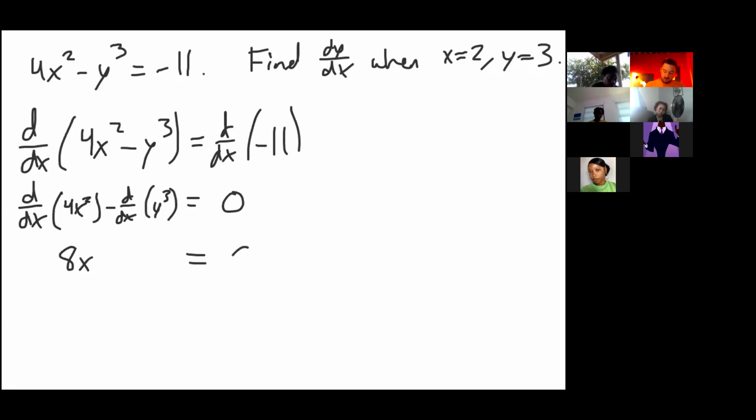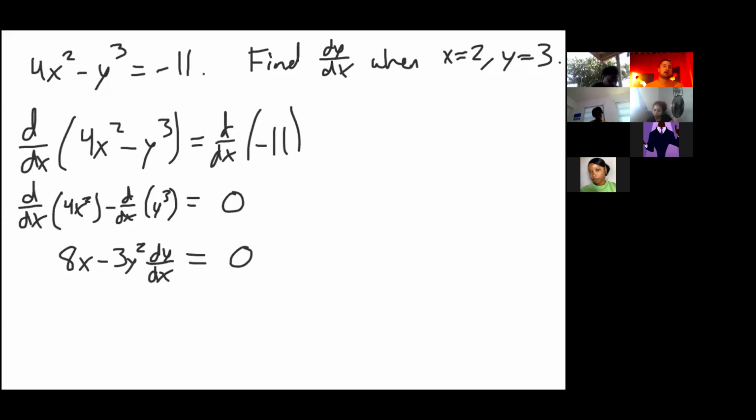And then I've got to figure out, okay, what is going to be the derivative with respect to x of y cubed? The entire thing that we've been doing with implicit differentiation or related rates problems is you take the derivative as if you're taking the derivative with respect to y. So bring the exponent down, subtract 1 from it, but then chain rule, because this is not x, chain rule says I need to multiply by the derivative of y, that dy over dx.